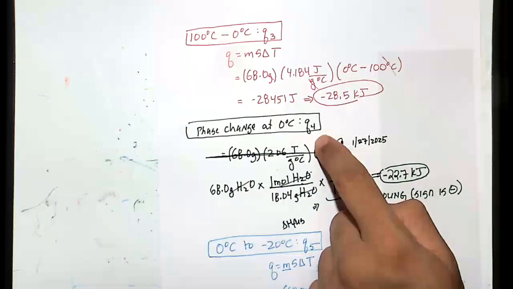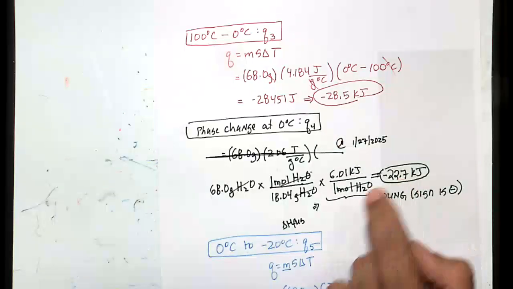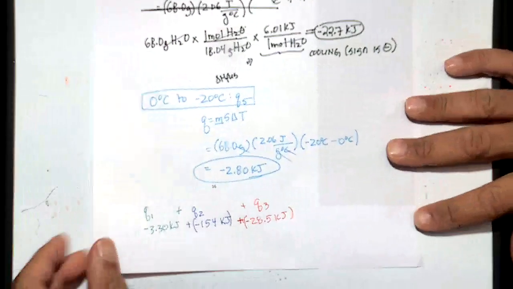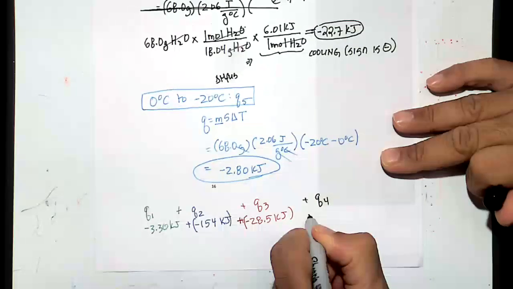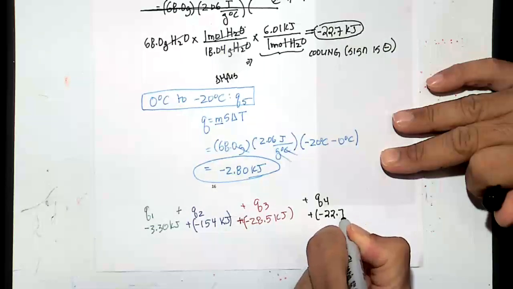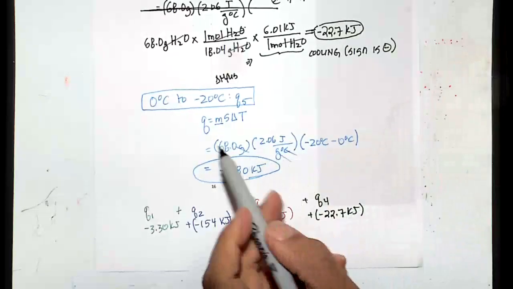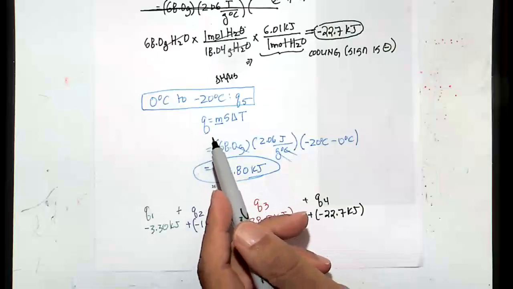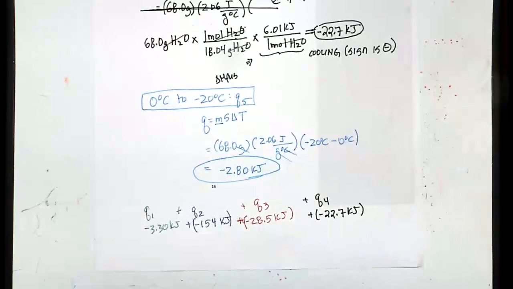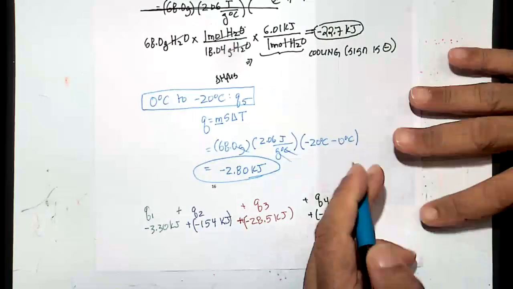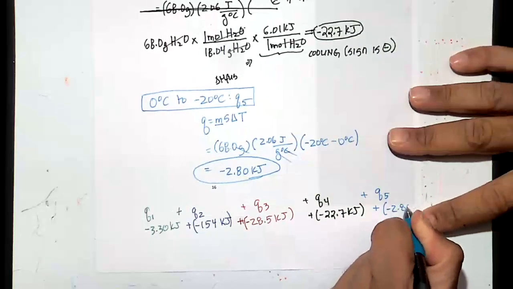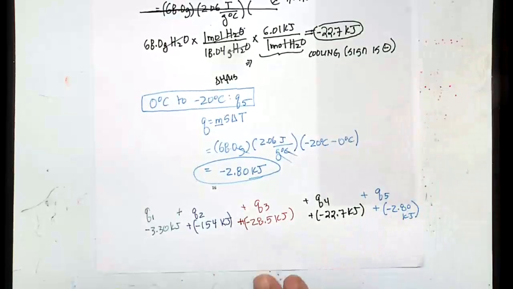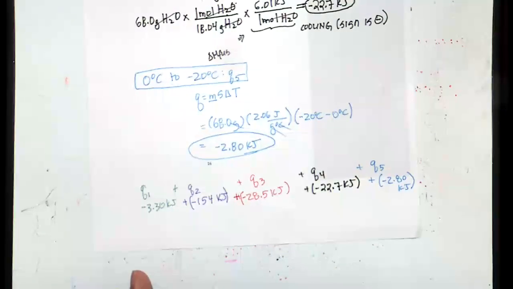We have a phase change at 0 degrees, plus minus 22.7. And then finally from 0 we go to minus 20, plus Q5, plus minus 2.80 kilojoules. So these are the 5 heats we add that will give us the total heat.